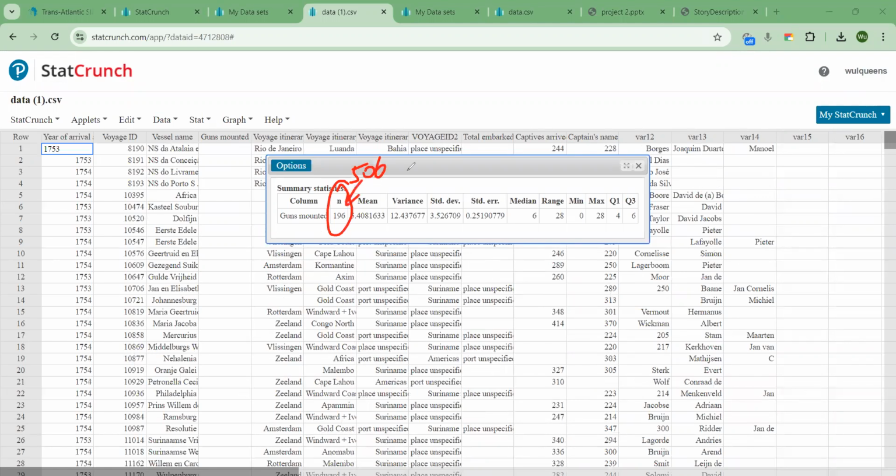So we can see there are a lot of data missing, right? And anyway, the mean of the guns mounted is 5.408. That is the average number of guns mounted in this set of data. And for the Ogden, if I remember correctly, that has 8 guns. The standard deviation for the sample is 3.5267 right here.